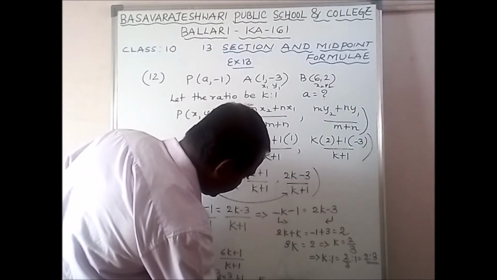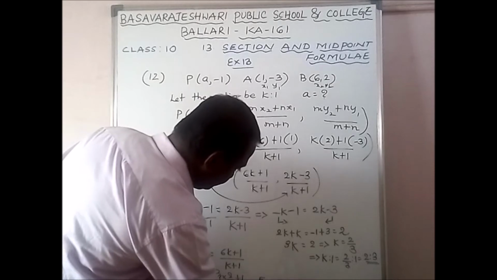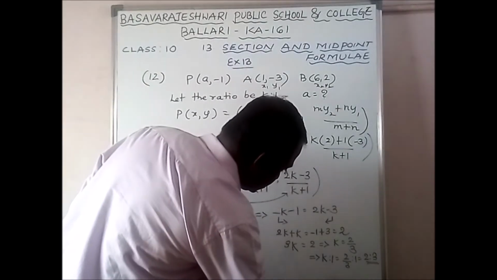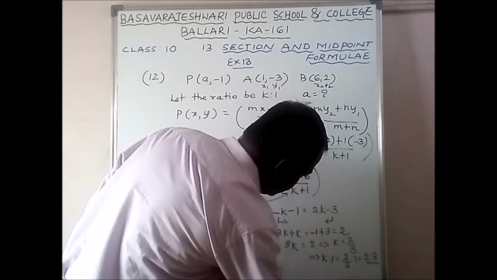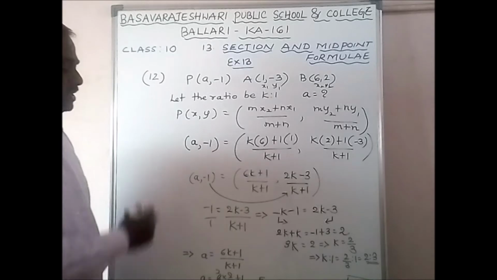This implies 5 into 3 by 5. Take the reciprocal, 5 cancels. So A is equal to 3. Okay, note down this sum.